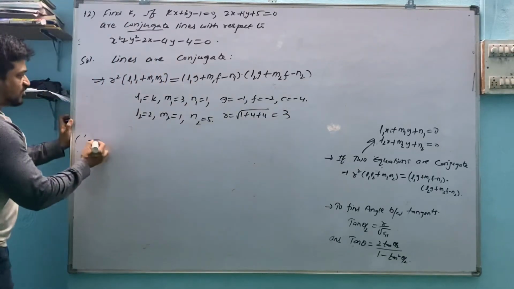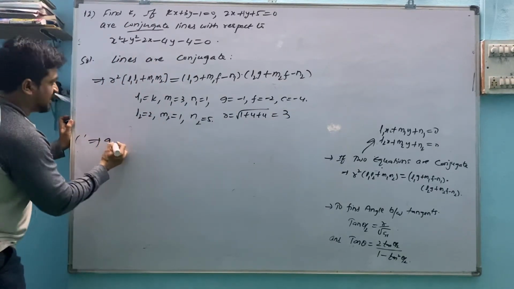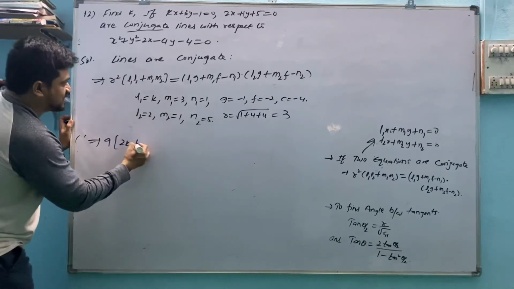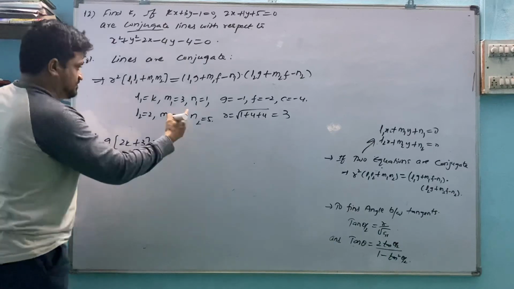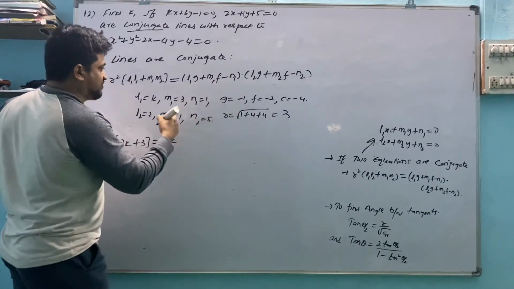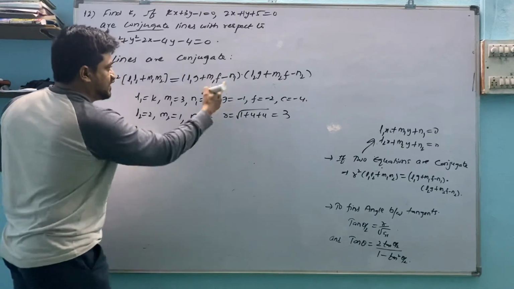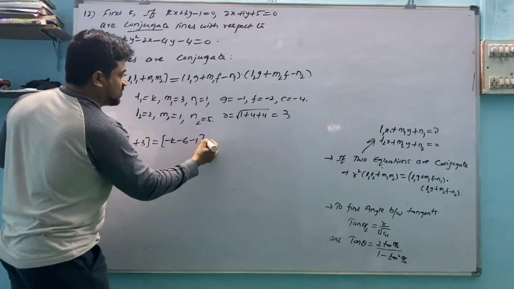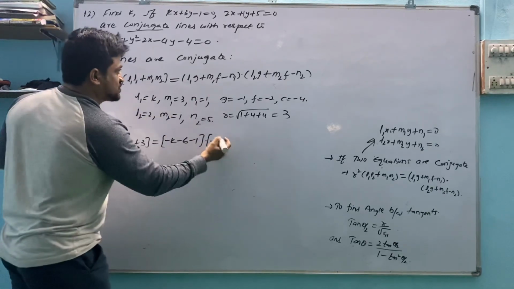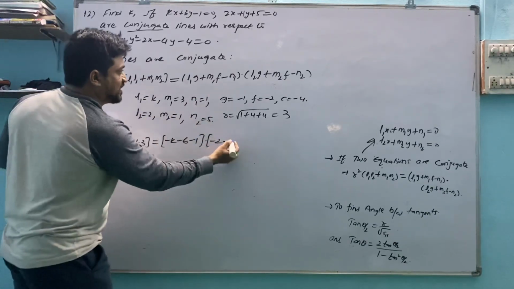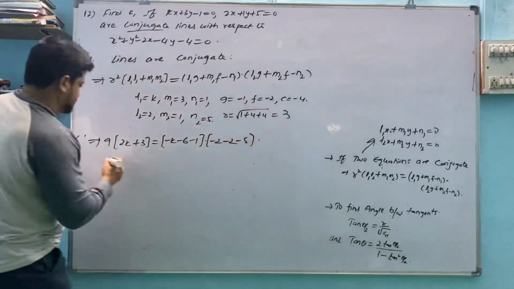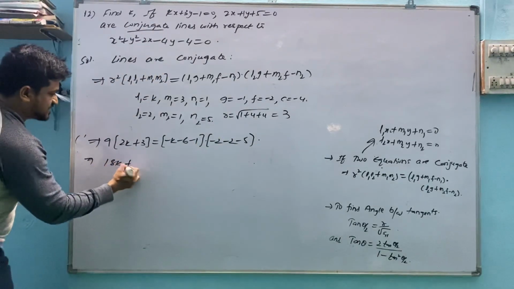Now we have the formula R square. What is our 3 square? 9. L1 L2, K into 2, 2K, plus M1 M2, 3 ones are 3. Then L1 into G, minus K, M1 into F, minus 6, minus N1, minus 1, bracket close, into L2 into G, 2 into minus 1, minus 2, M2 into F, 1 into minus 2, minus 2, minus N2, minus 5. This is 18K, this is 27.